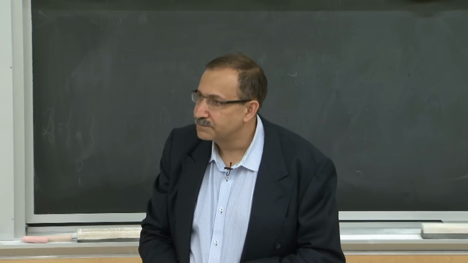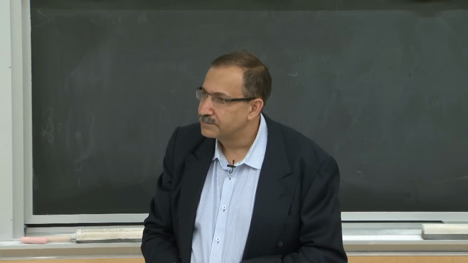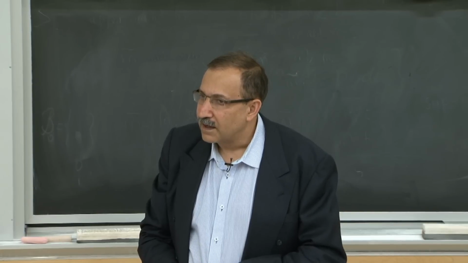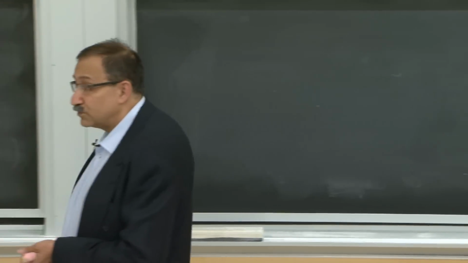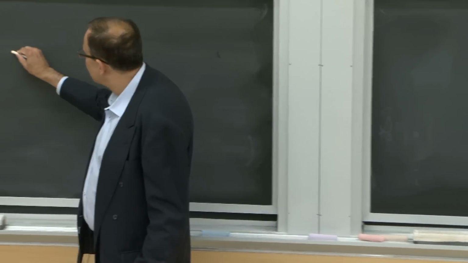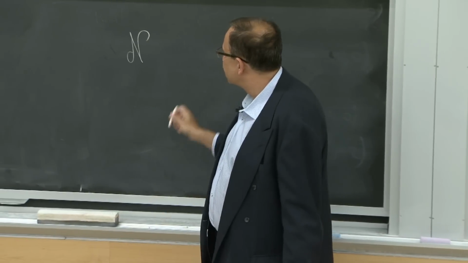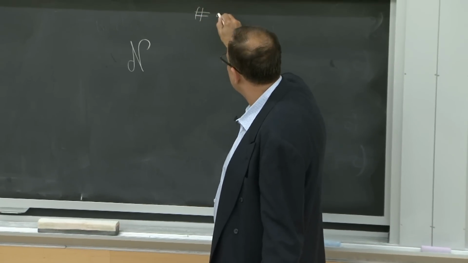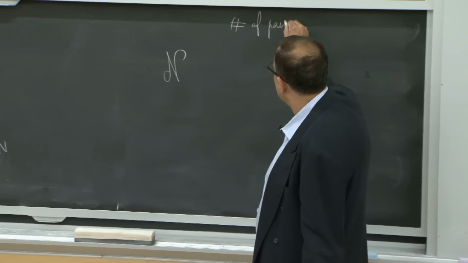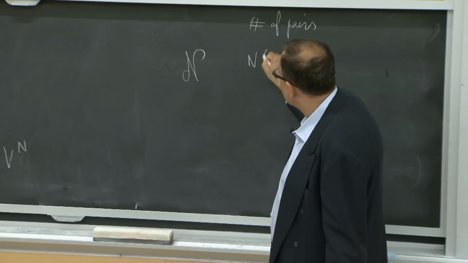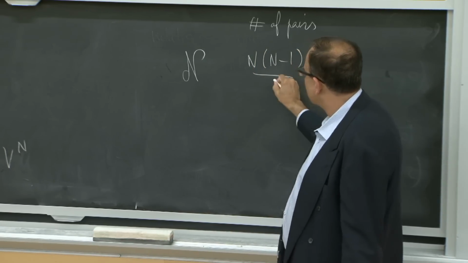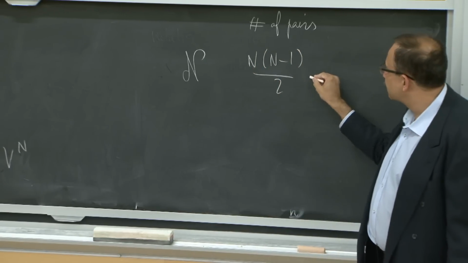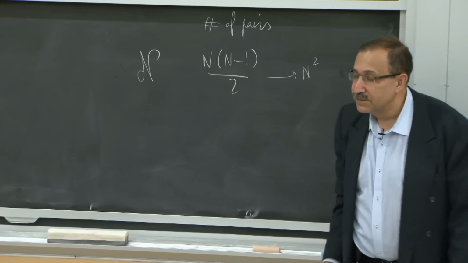But if I'm forced to come up with a situation where script n is n squared, I would say count the number of pairs. Number of pairs, if I have n sites, is n times n minus 1 over 2. So this is something that goes like n squared over 2.